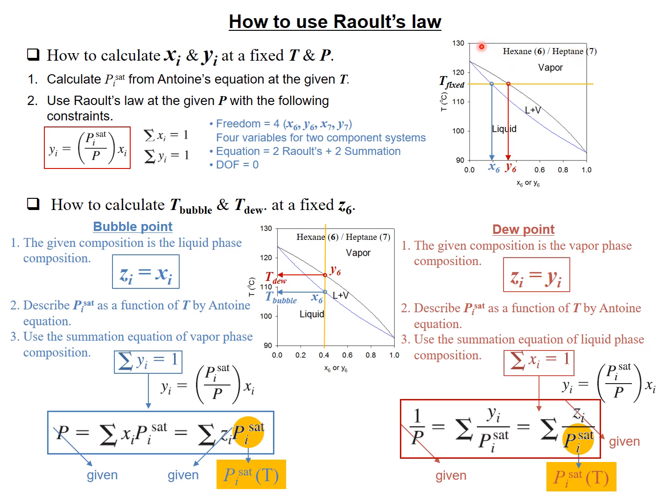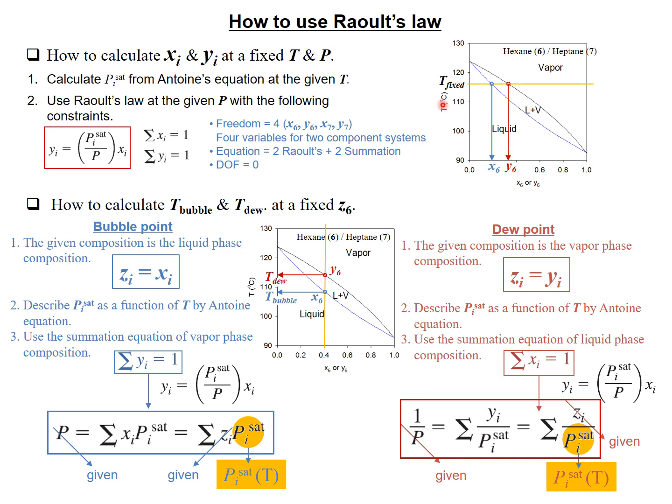So this is the temperature-composition diagram. The x-axis is the composition of hexane, so x6, or sometimes y6. x for liquid phase composition, y for vapor phase composition.